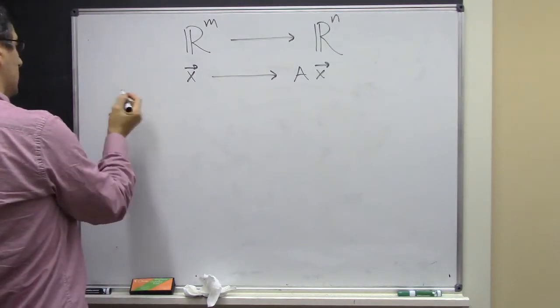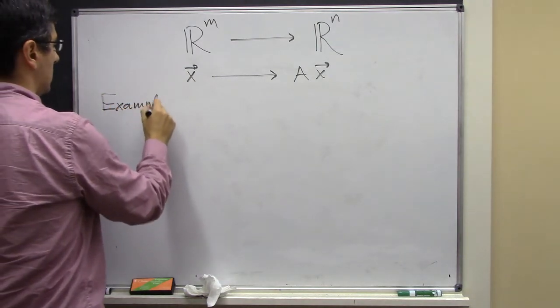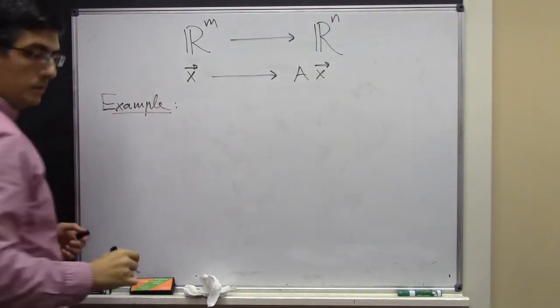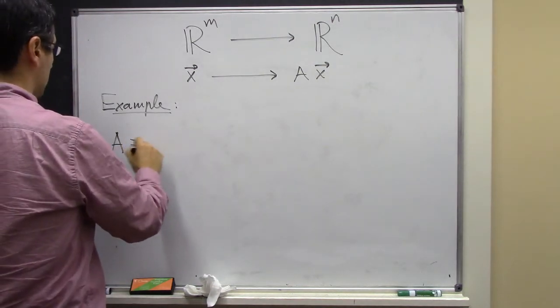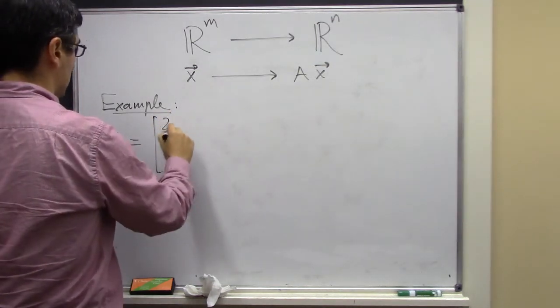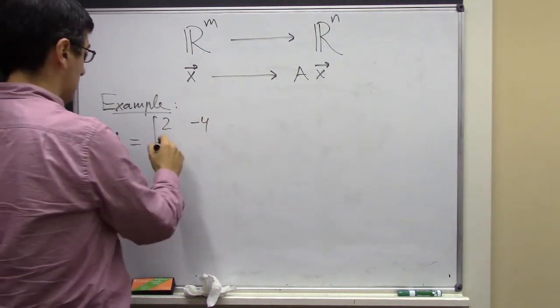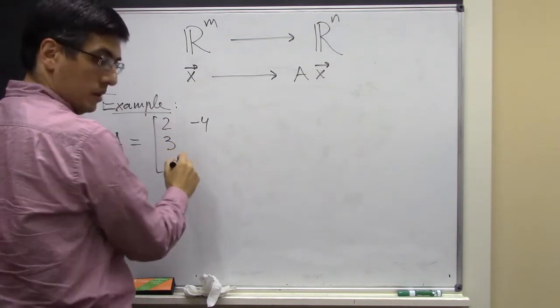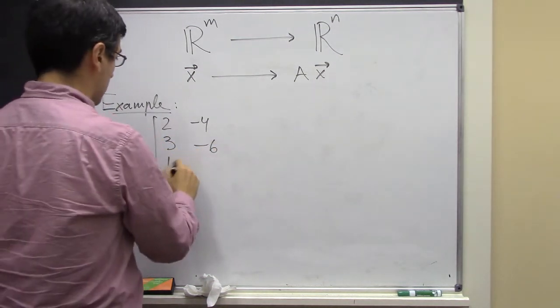All right, so an explicit example. Let's take A to be 2, minus 4, 3, minus 6, 1, minus 2.